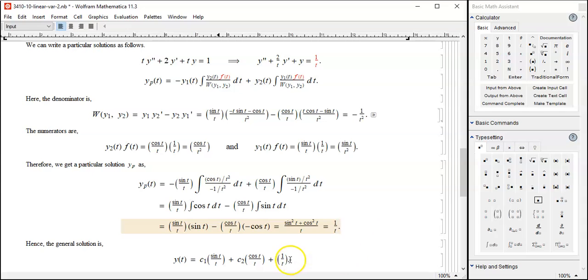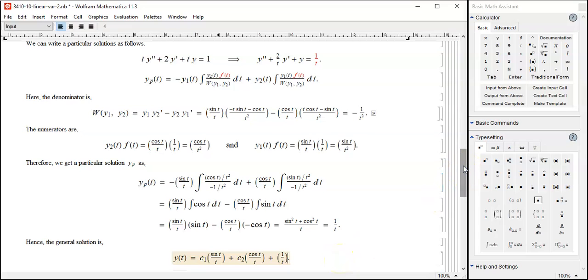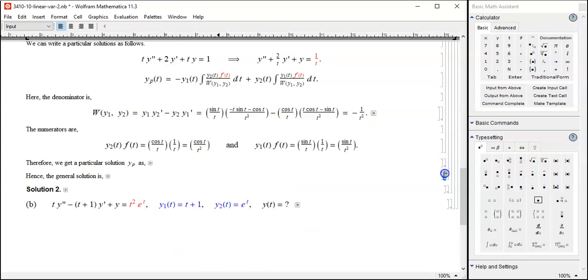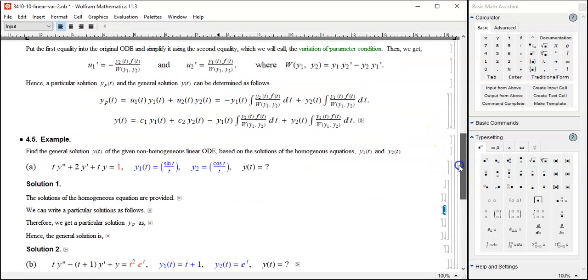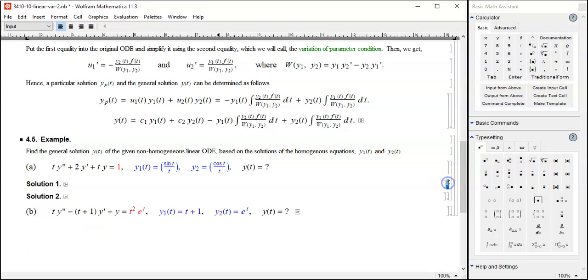So add them up. We have the general solution of the non-homogeneous equation. This kind of method is variation of parameters. It has a rather complicated formula and a lot of complicated computation, but they're just formula computations, no big deal.